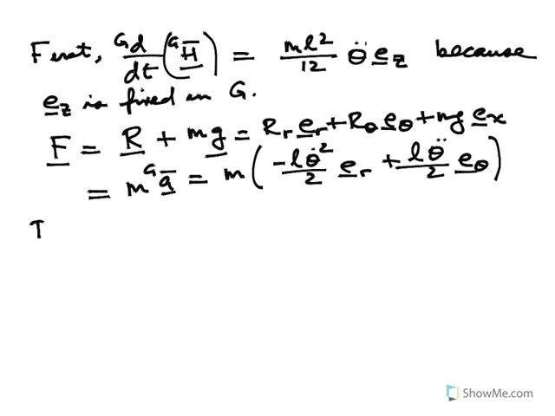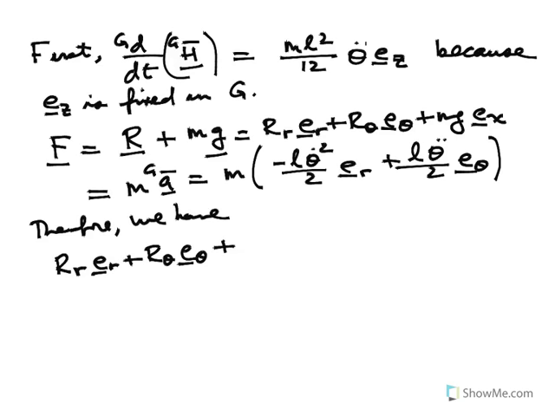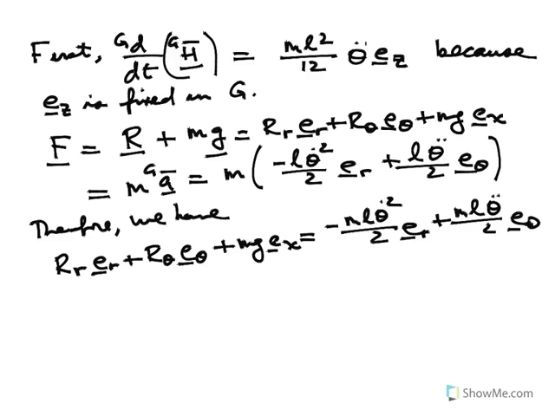So therefore, we obtain that R_r e_R plus R_theta e_theta plus mg e_x is equal to minus ML theta dot squared over 2 e_R plus ML theta double dot over 2 e_theta.